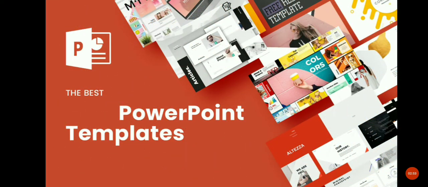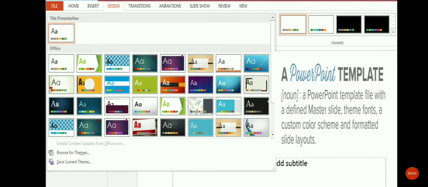Now, what are some of the best PowerPoint templates? The PowerPoint template is the blueprint of a slide. It is saved with the extension PPTX. A template contains ready-made layouts, theme colors, theme fonts, theme effects, styles, and content suggestions.